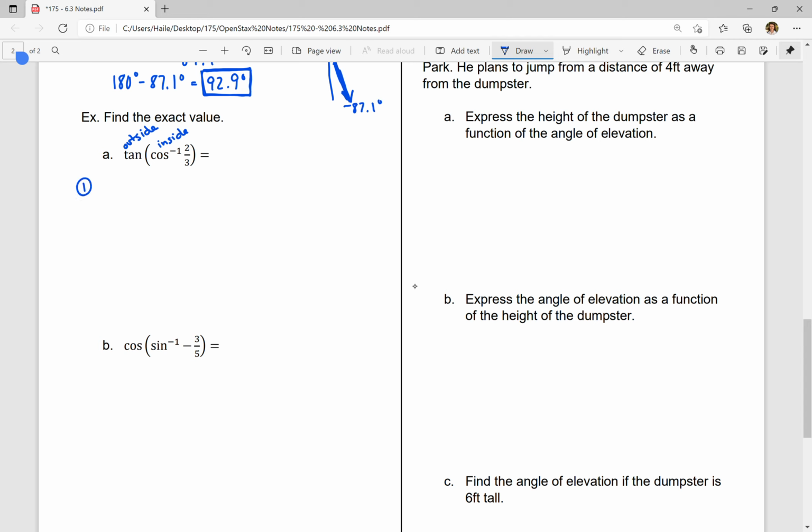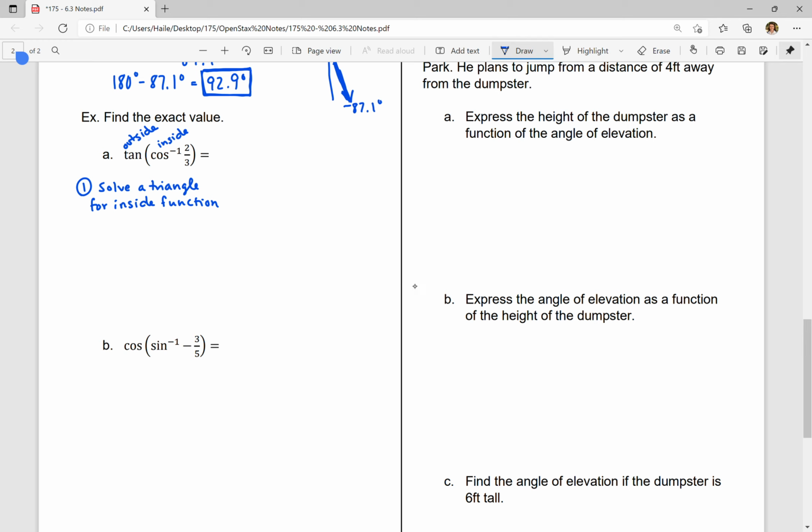function. So what we're going to do is we're going to solve a triangle for the inside function. And what I mean by this is, we know that any trig function defines a triangle.